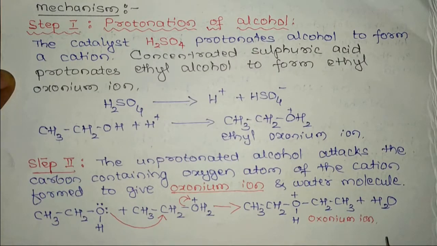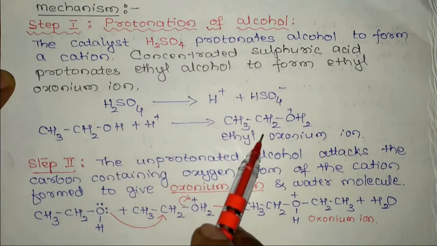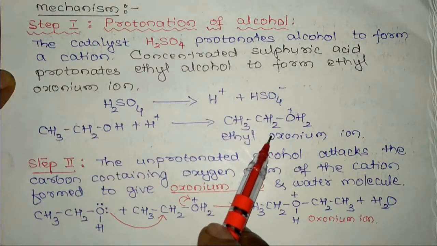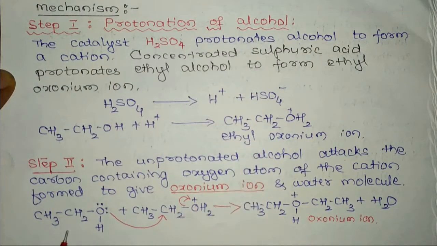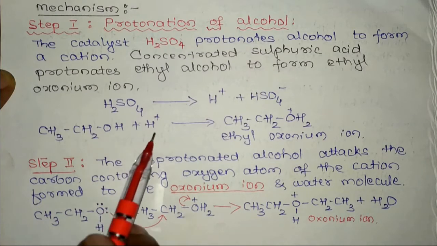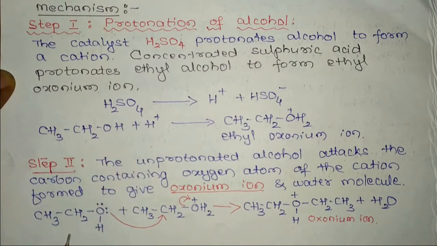In the third step, as already discussed, since excess of ethyl alcohol is taken, not all molecules form ethyl oxonium ion, so unprotonated alcohol is available. The alcohol which is not added to H plus is available for the attack on the ethyl oxonium ion to form oxonium ion.